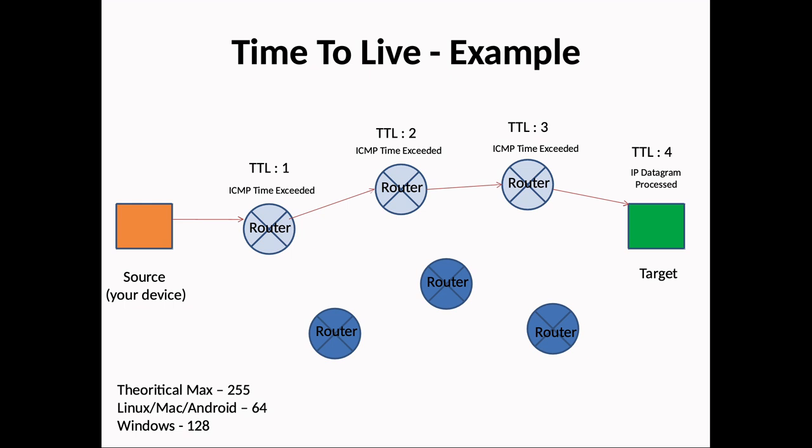Between the three numbers here, the theoretical maximum of 255, 128 for Windows, and 64, the minimum number is 64, so let's go with that number. That means you can only have a maximum of 64 routers between the source and target device.